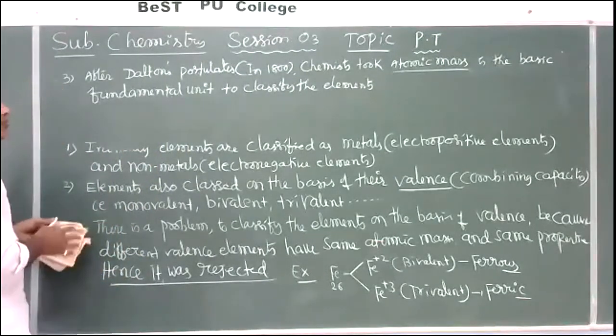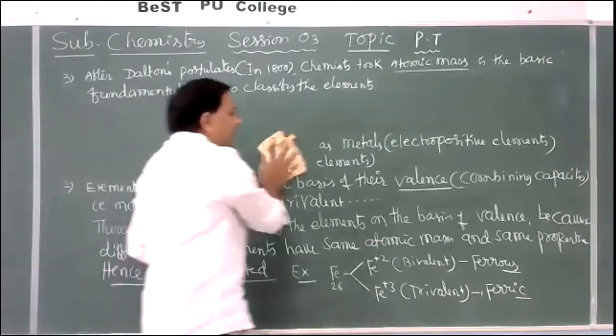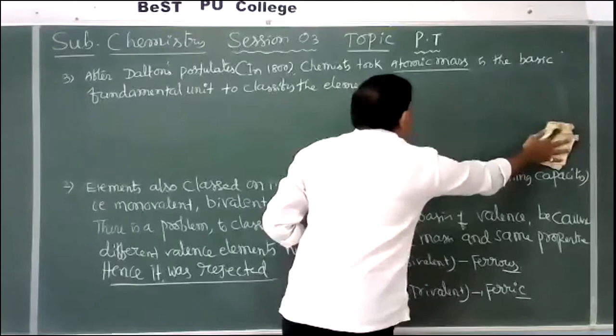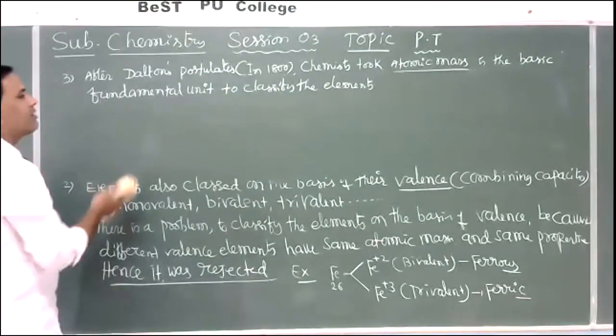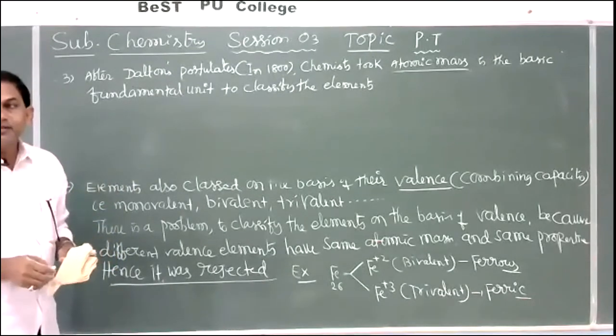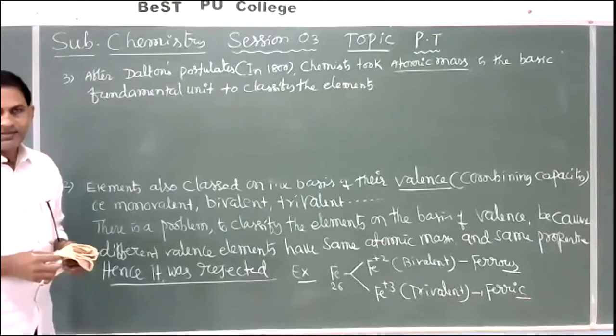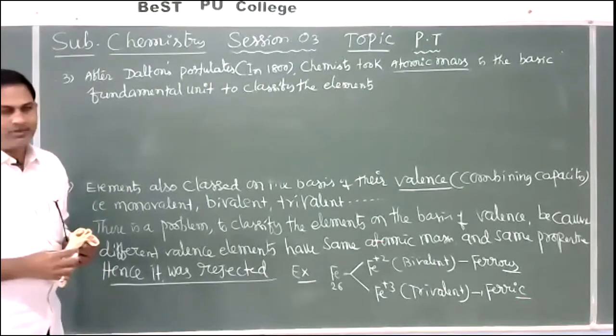So on the basis of all these points, the elements are classified under the name of a table, that is the periodic table. What is the periodic table? We'll discuss later in the modern periodic table.